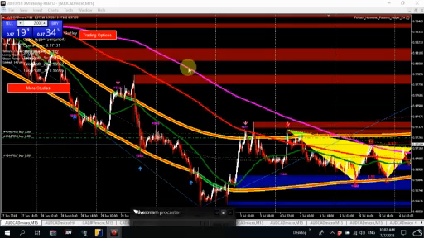Okay, and we have a channel, we have Gartley or whatever, but I don't want to talk about all these things that we have on this chart. But from what we are looking at here, we have a previous downtrend.